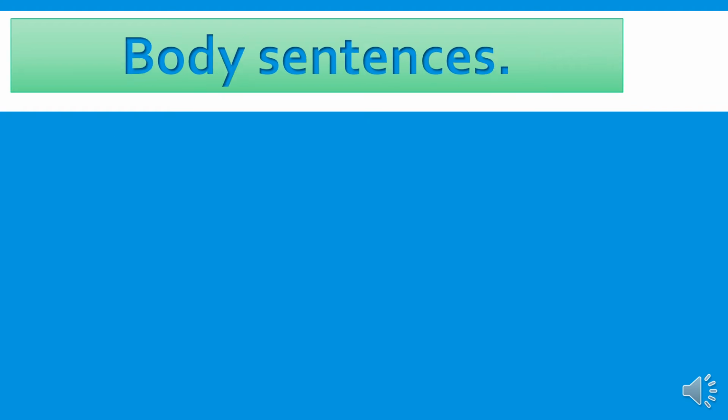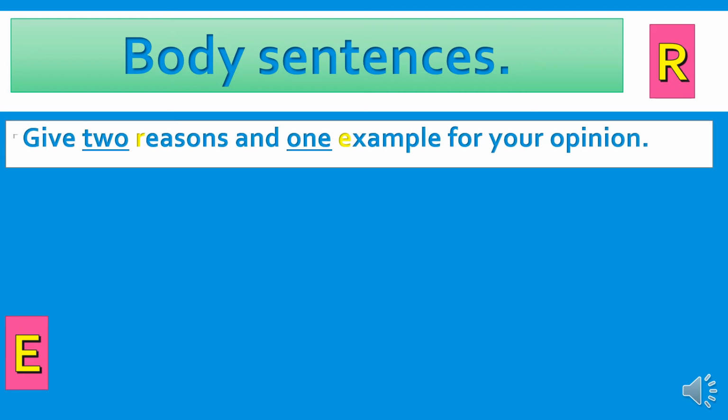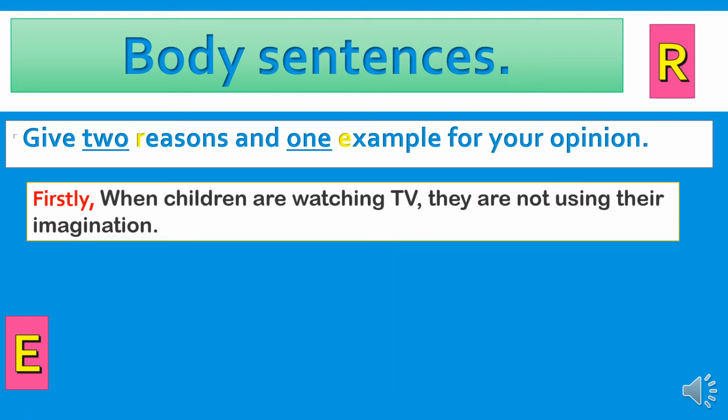Now to the body sentences. Here we are going to write about the R and the E from the Oreo steps. Give 2 reasons and 1 example of your opinion. Let's apply this on our paragraph. I'm going to write now 2 reasons.